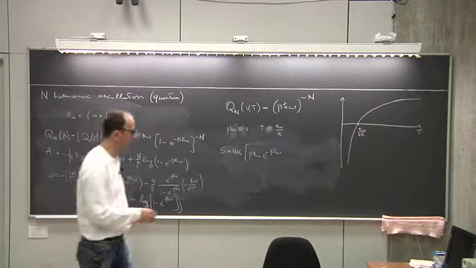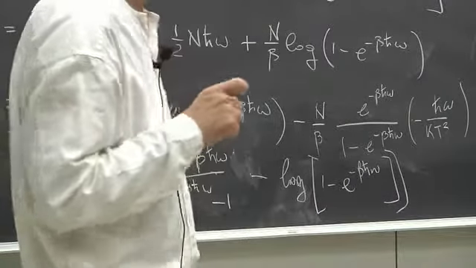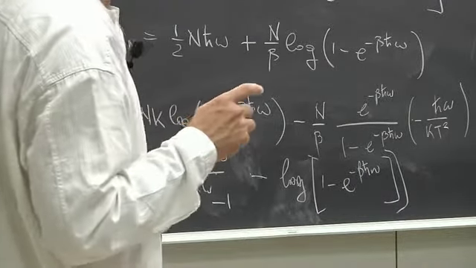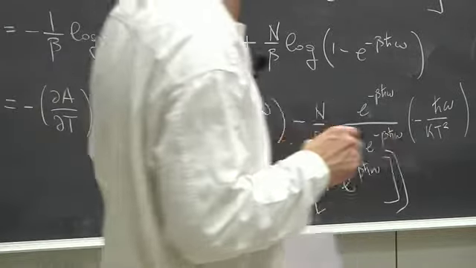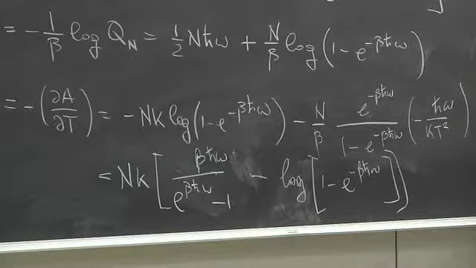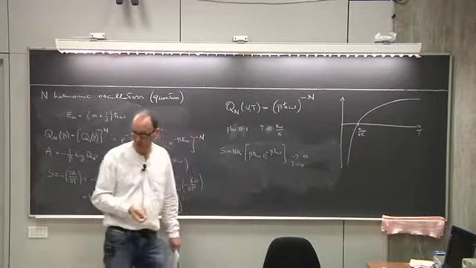So this is essentially the result. From this you see that this entropy goes to 0 as T goes to 0, as it should.